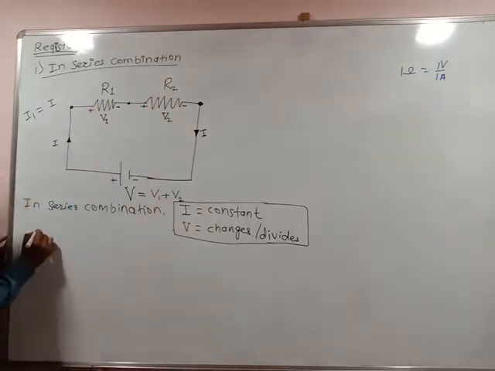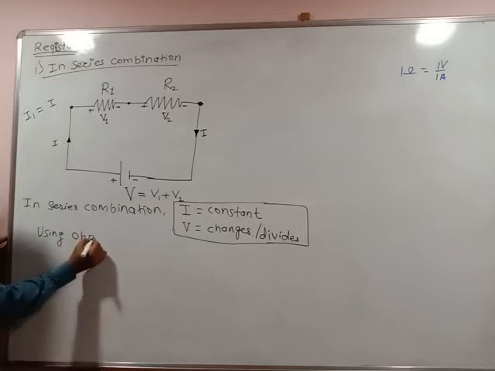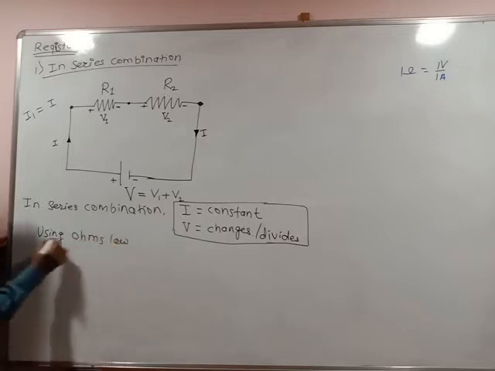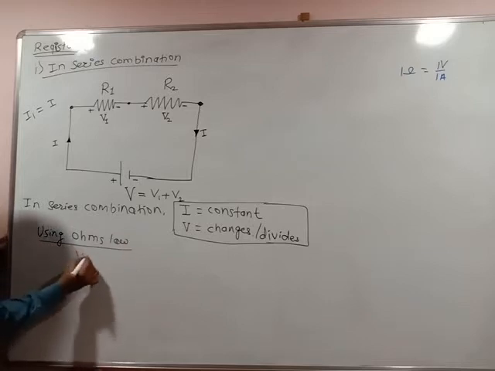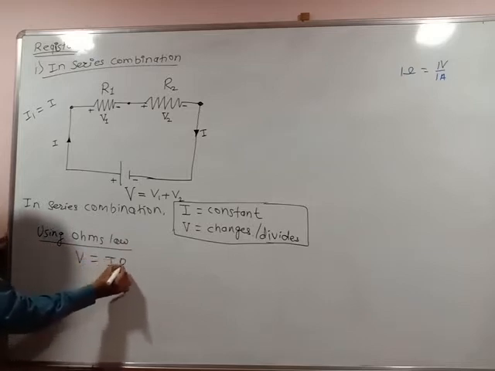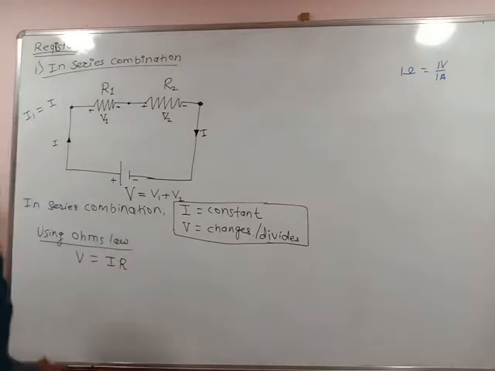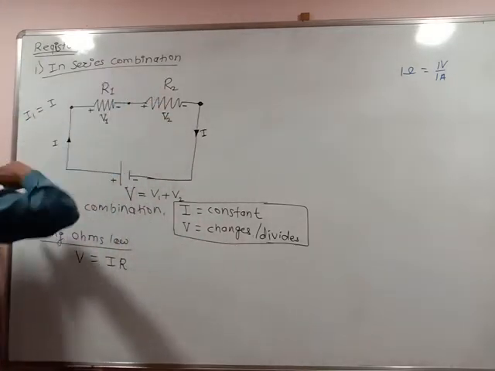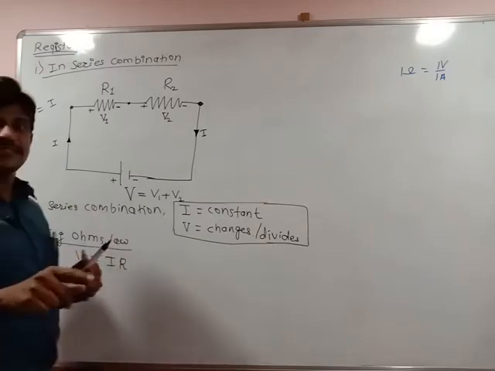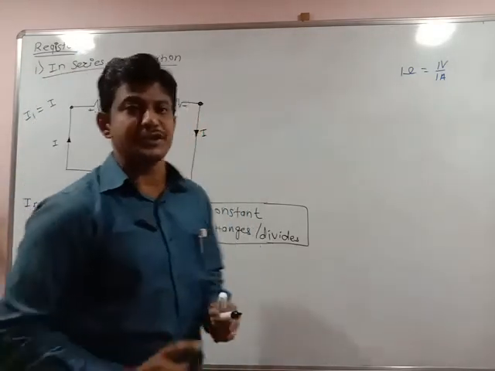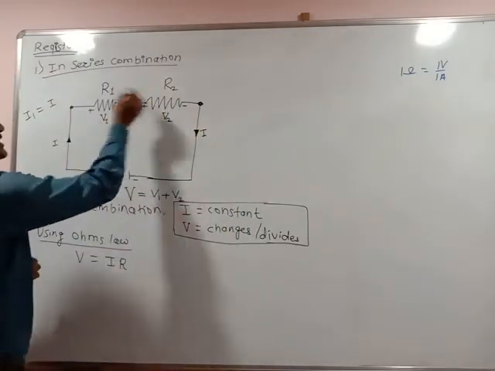Using Ohm's law. What is Ohm's law? V is equal to IR. What we are going to find here, what is the value of resistance of resistor in a series combination? So this is said to be series combination.